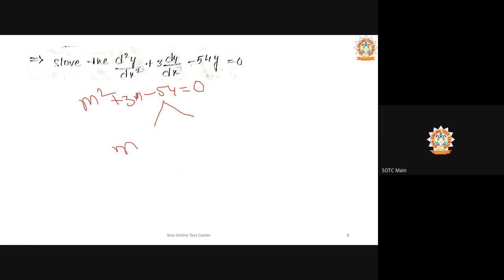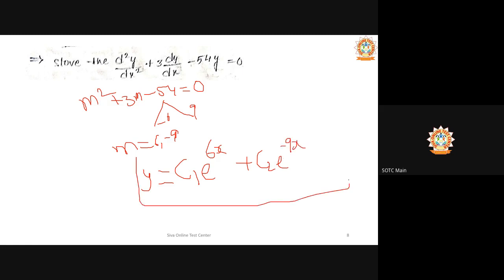So your roots are 6, -9. So if you multiply 6 into -9, it will come -54. Yes, roots are 6, -9. So real and distinct, definitely y is equal to c1 e power 6x plus c2 e power -9x. This is the general solution.